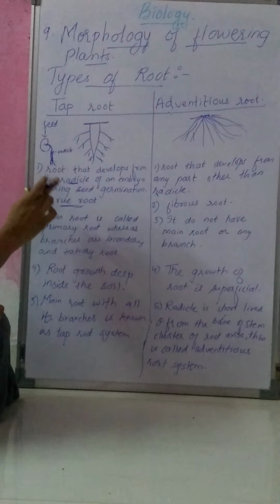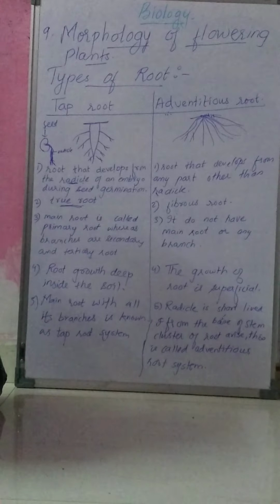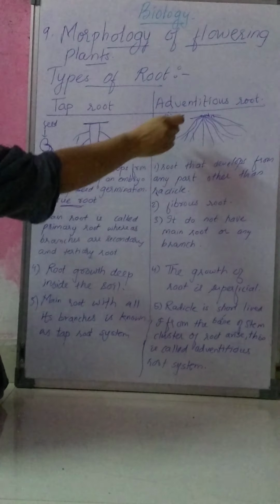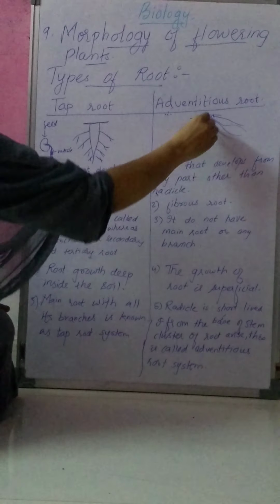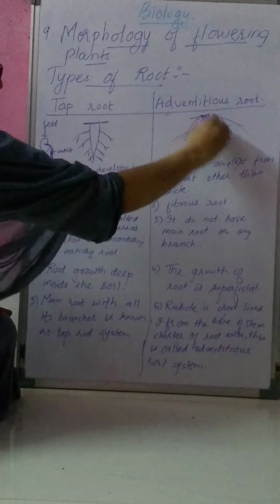And adventitious roots are known as fibrous root because they look like fibers. You can see they are looking like fibers. As they look like fibers, these roots are also known as fibrous root.